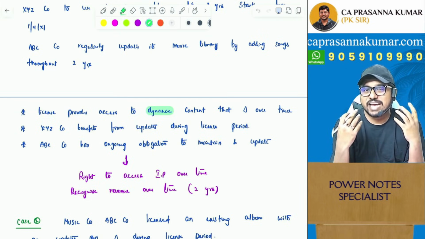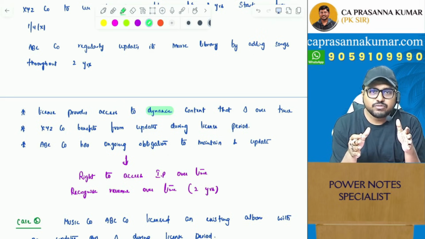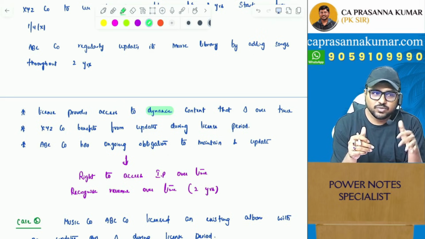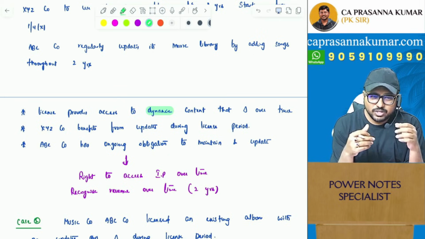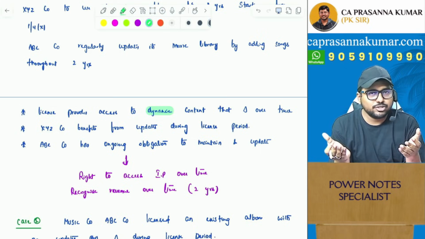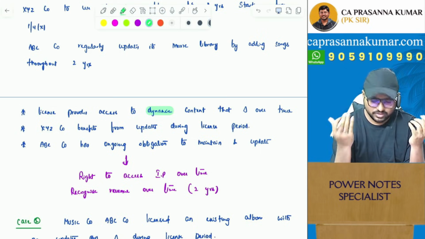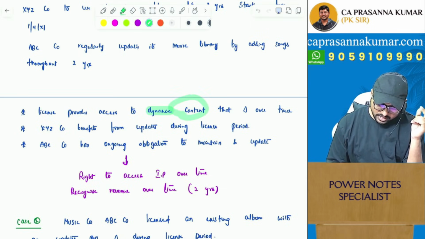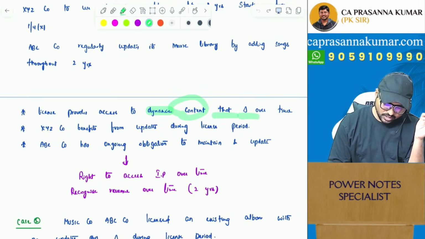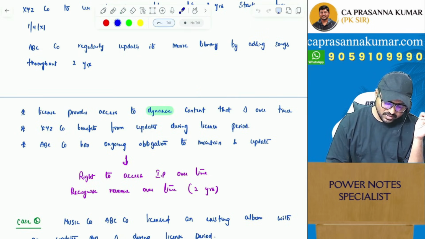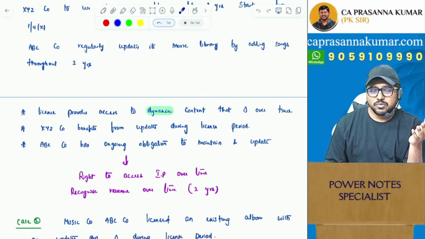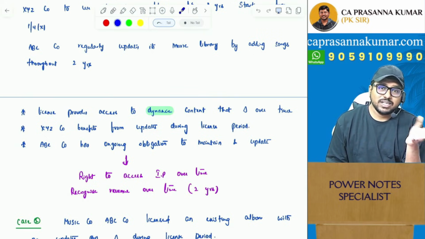That we call static. Dynamic means as of today there are 100 songs, tomorrow it can become 120, 130, 140. Whatever new things I upload, you can also enjoy. Therefore, the kind of license that I'm giving you is a dynamic license. The content changes over time. Probably new content will keep on getting uploaded, maybe some of the old content will be removed as well. Either way, change will happen.